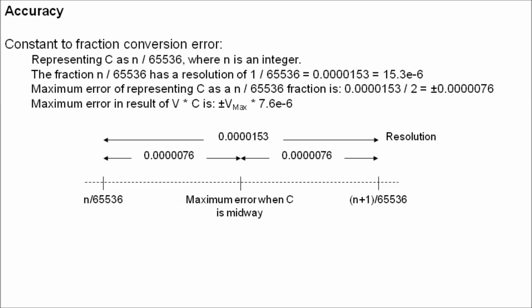The maximum error introduced by representing the constant as a fraction with a denominator of 65536 occurs when the constant value lies midway between two consecutive fractions. This is when the error is equal to half the resolution of the fraction, which is 7.6e-6.